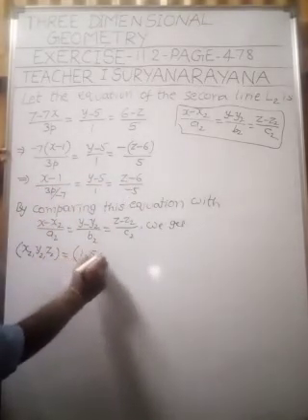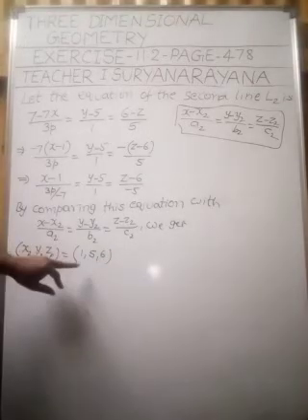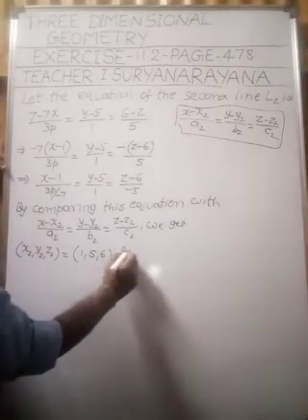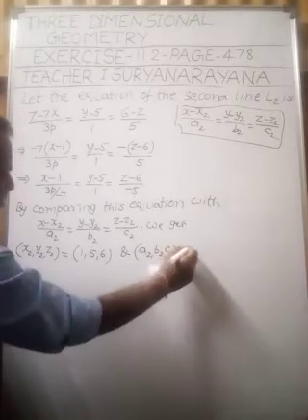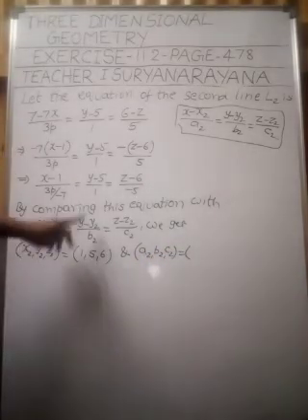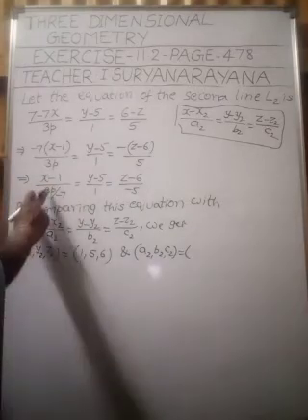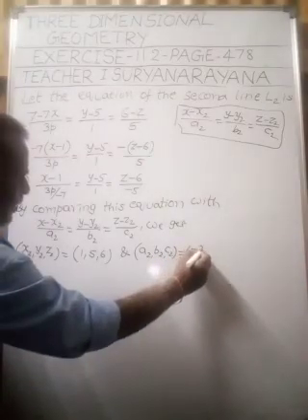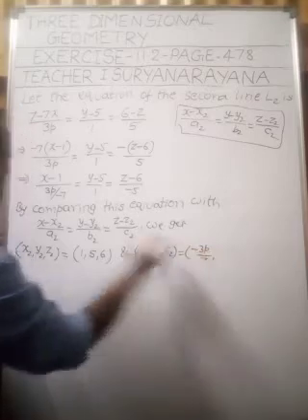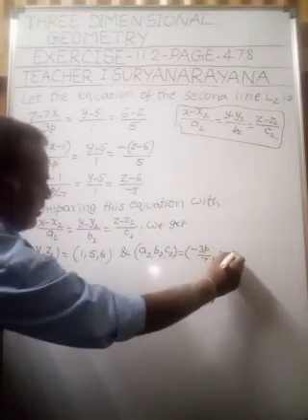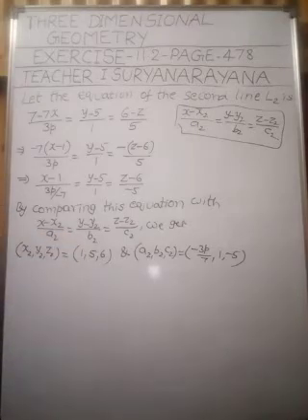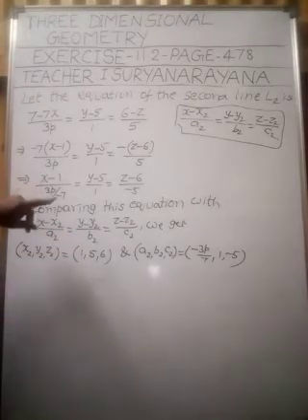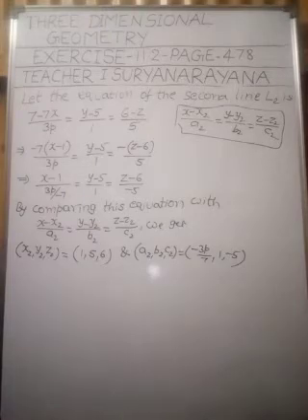Understood this step? And a2, b2, c2, these are nothing but the direction ratios of the line: minus 3p by 7, 1, minus 5. So we got the direction ratios of the first line as well as the direction ratios of the second line.